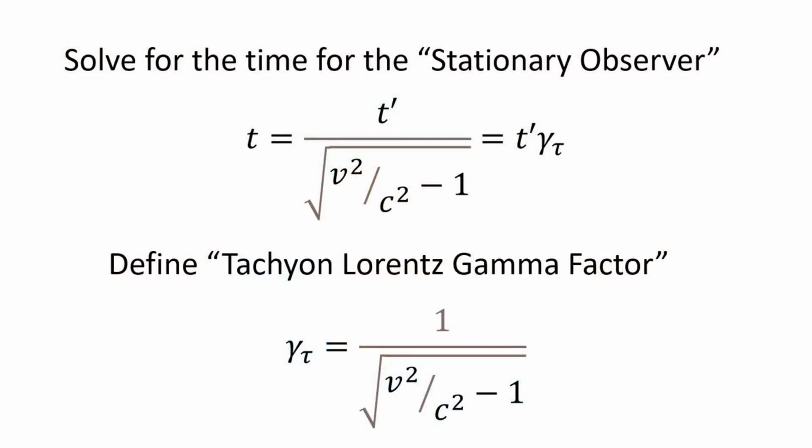So once again, we get a similar kind of equation like we did the first time, but notice that the ratio of velocity to the speed of light has now been reversed. You now have it minus 1, and this also gives us a Lorentz type term, and I've defined this to be the tachyon Lorentz term.